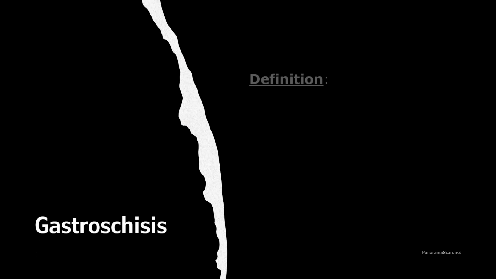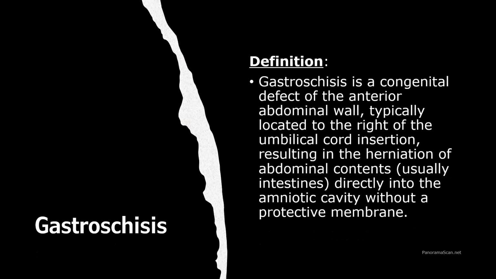In this section, we will explore gastroschisis, a congenital anomaly of the anterior abdominal wall. This defect is typically located to the right of the umbilical cord insertion and allows abdominal contents, most commonly the intestines, to herniate directly into the amniotic cavity.